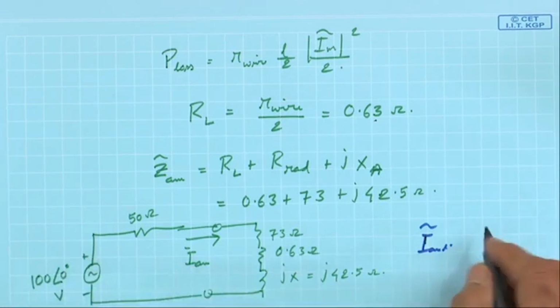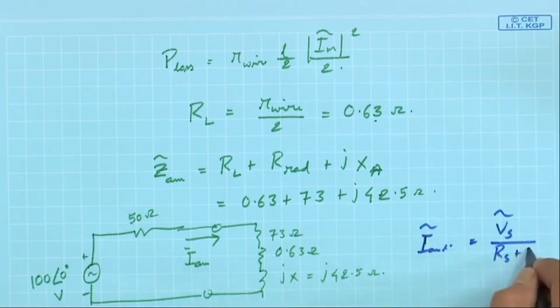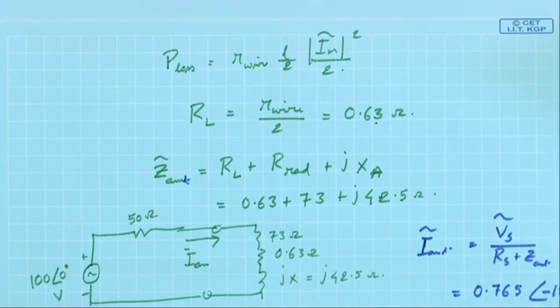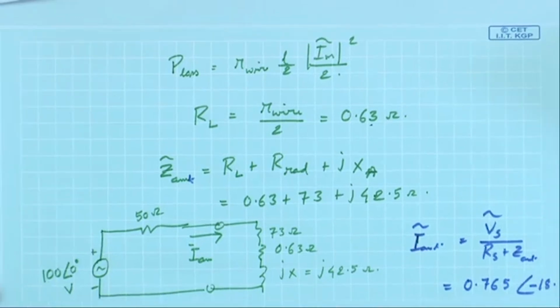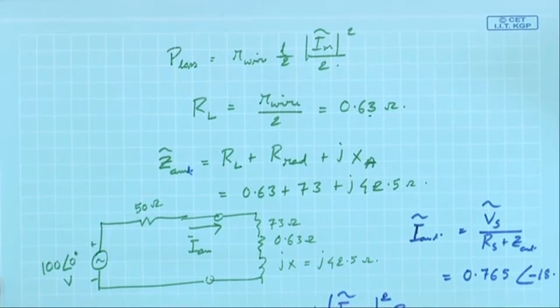So, I antenna will be V_s by R_s plus Z_antenna. So, if you do that, it will turn out to be 0.765 ∠ -18.97 degree ampere, and total time average power dissipated in antenna wire loss, that is P_loss, that will be half I_antenna square R_L.